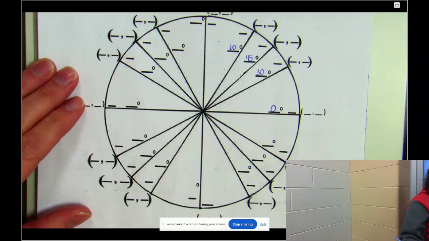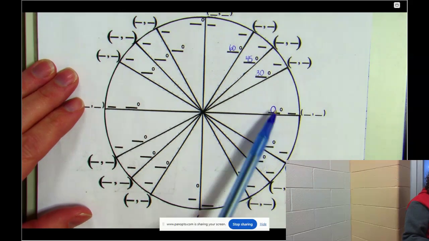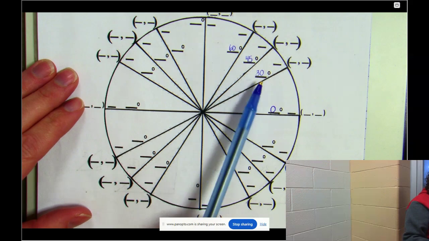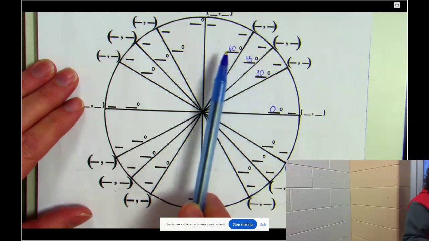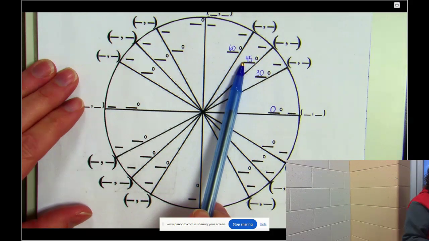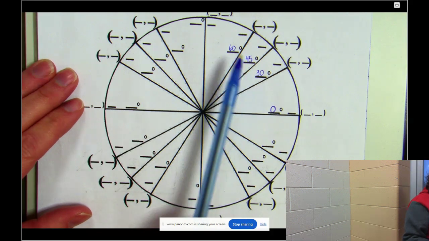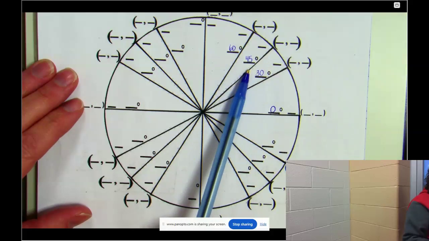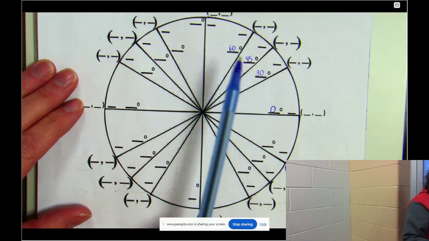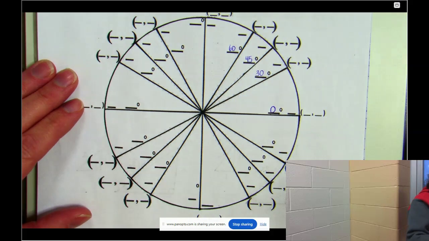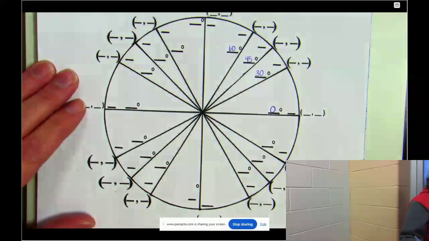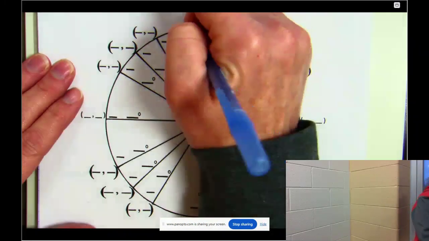I'm going to pause and let you know that this is the 30, 60, 90 triangle and the 45, 45, 90 triangle. Those are the special right triangles, and those are the ones that figure in here. What's this guy up at the top? How many degrees?